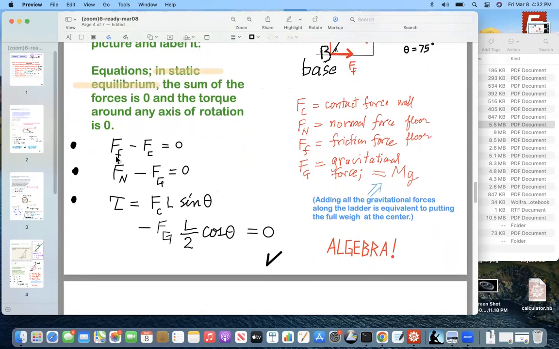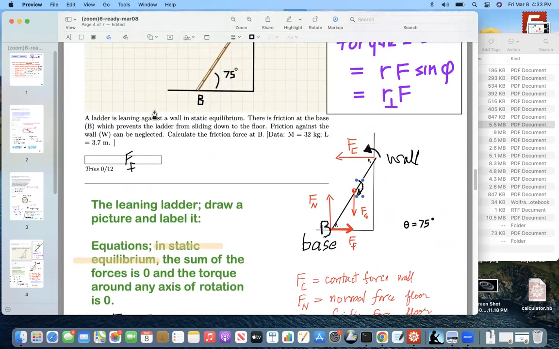All right, so these are the equations for equilibrium. I have here 3 equations. There are 3 unknowns. The 3 unknowns are the force of friction, the normal force, and Fc. Everything else is given. So what am I supposed to calculate? I'm supposed to calculate the frictional force.